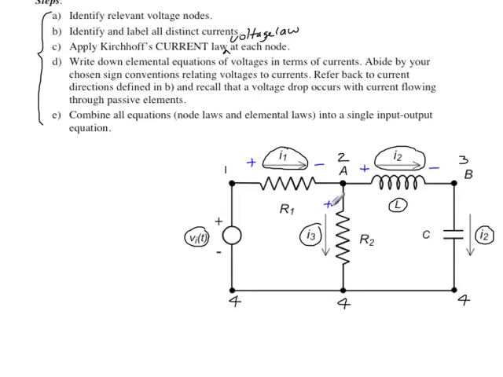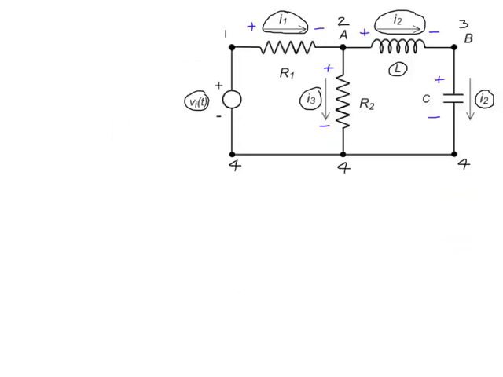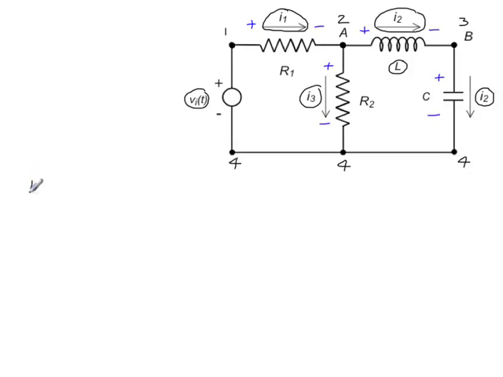All these are done because of the direction of current flow through these resistors, inductors, and capacitors from positive to negative. Those come into play when we write down our elemental laws. So in fact, let's do that now. The first step is to write down our elemental laws for the resistors, capacitors, and inductors.